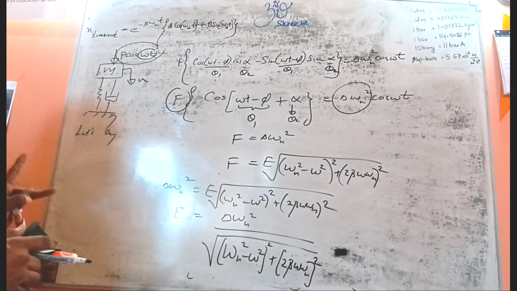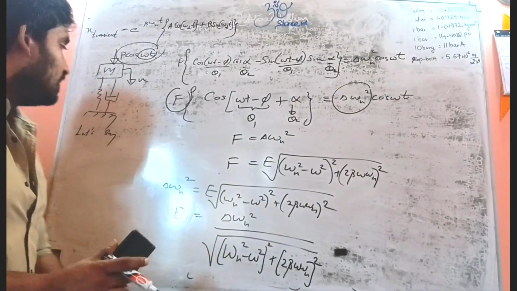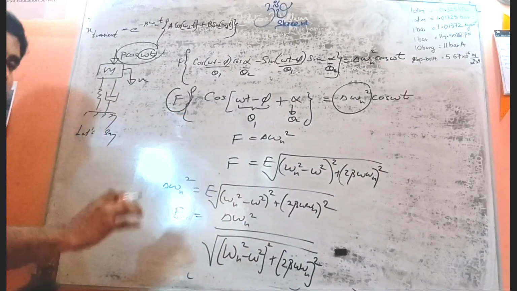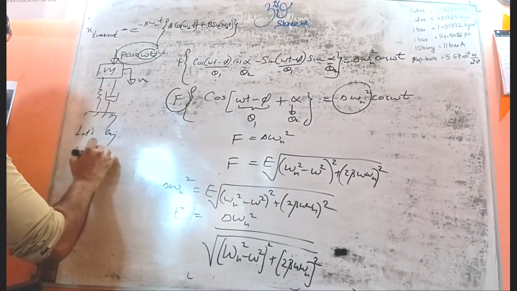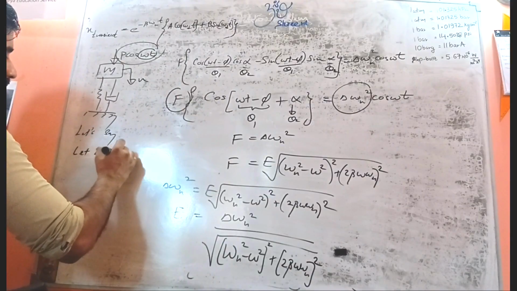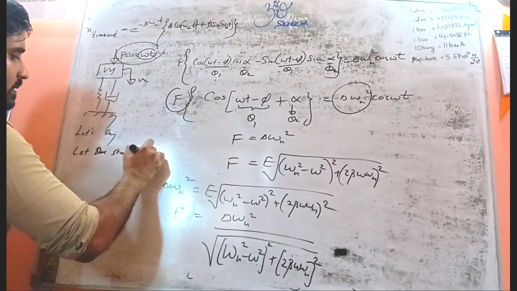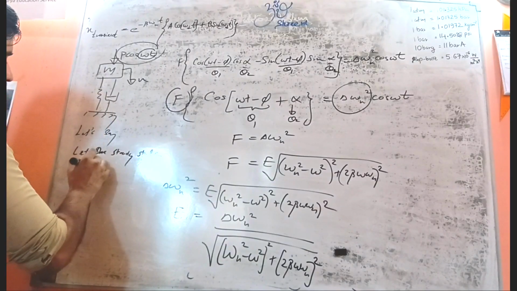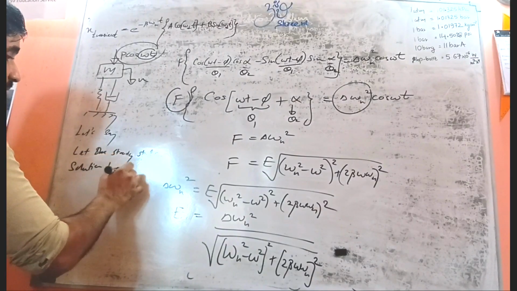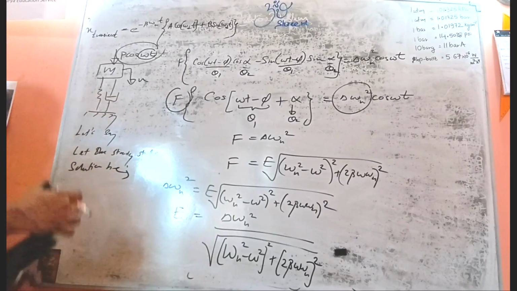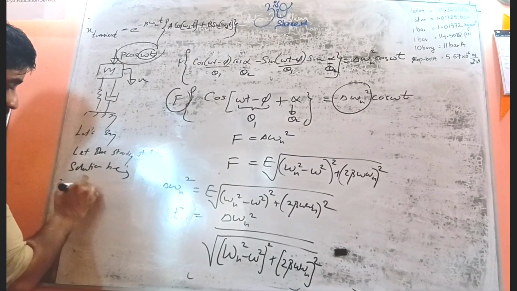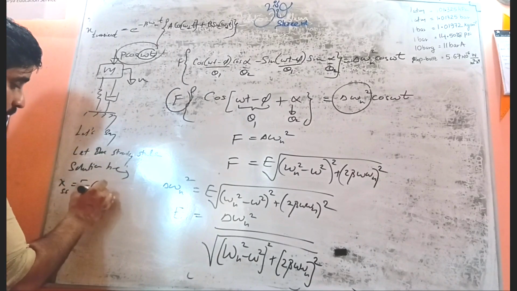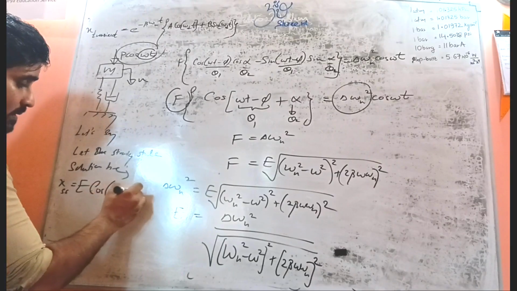The reason why I have considered this is because we started by saying, let the steady state solution be x steady state equals E times cos omega t minus phi. E is something like the magnitude.